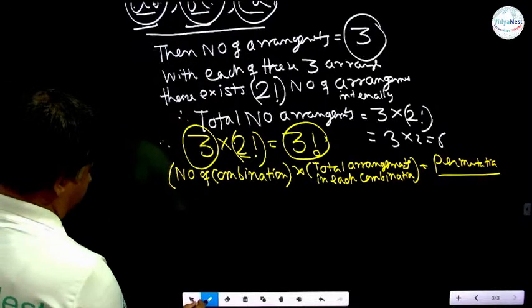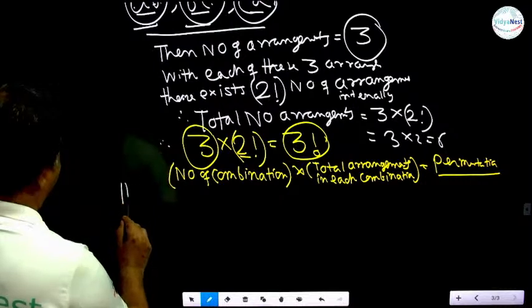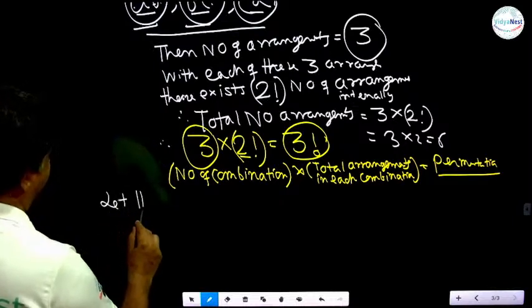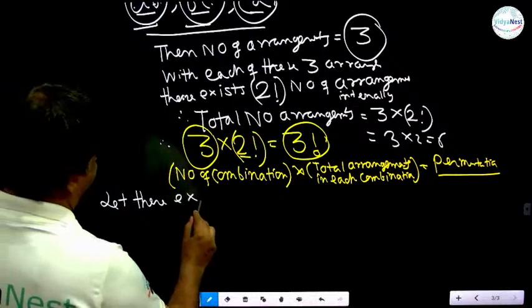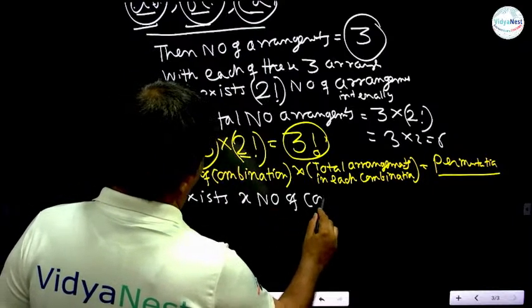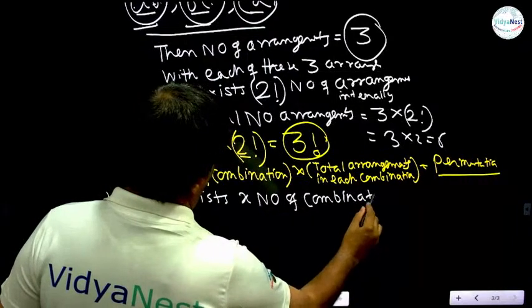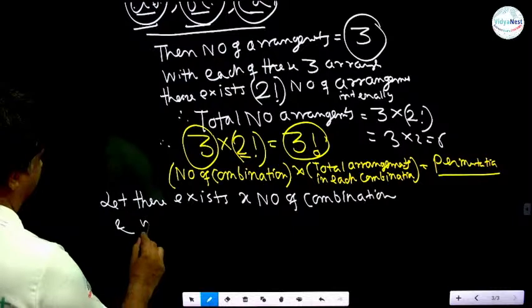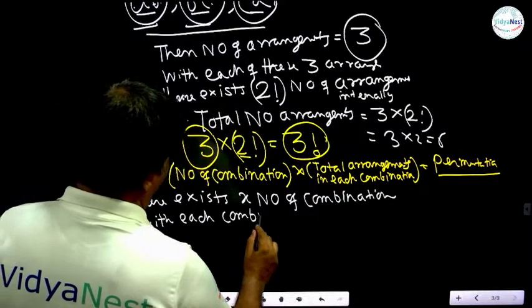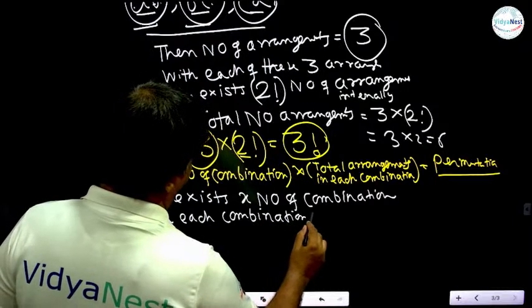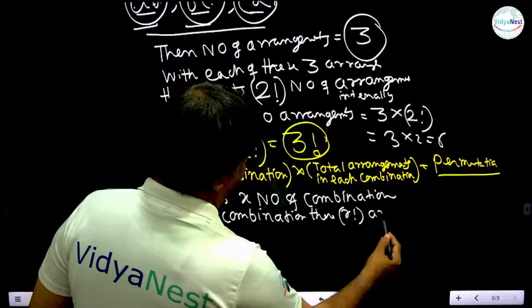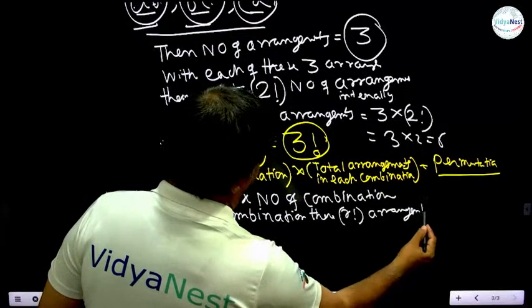Let there exist x number of combinations, and with each combination there are factorial r arrangements, inner arrangements.